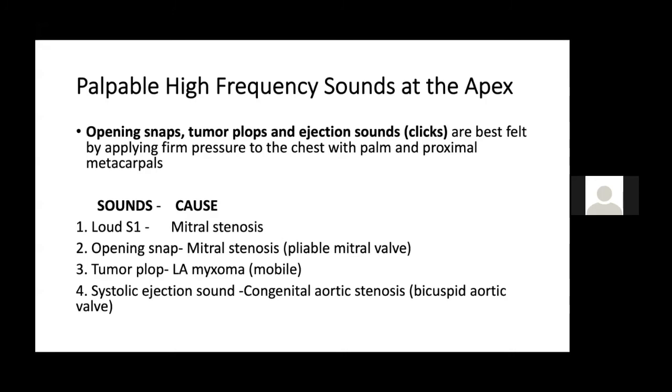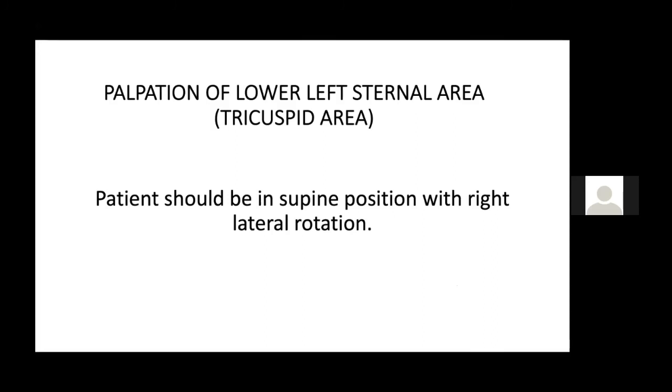A tumor plop, which we see in patients with LA myxoma, is difficult to palpate, and a systolic ejection sound. We know that there are ejection clicks, but ejection clicks are rarely palpable when there is a congenital bicuspid aortic stenosis. So these are the other sounds which can be palpated. Now, again coming to the palpation of the lower left sternal area.